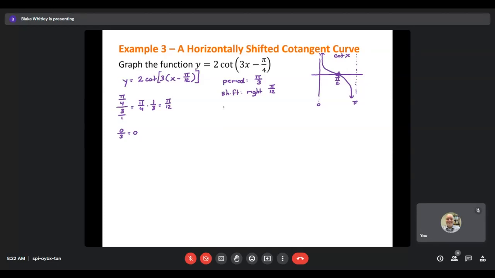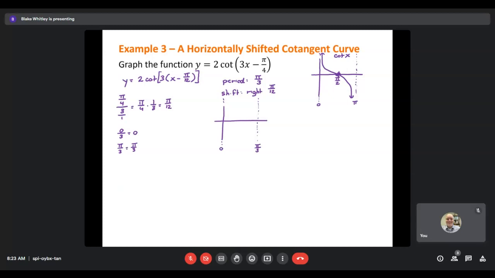Okay, so again, this is not my final answer. This is going to lead us to that final graph. Okay, so I'm still going to have one at 0 here. Now I'm going to look at my other asymptote. It was at pi. I'm dividing that by 3. So that's just going to be pi over 3. So pi over 3 should be my other asymptote.